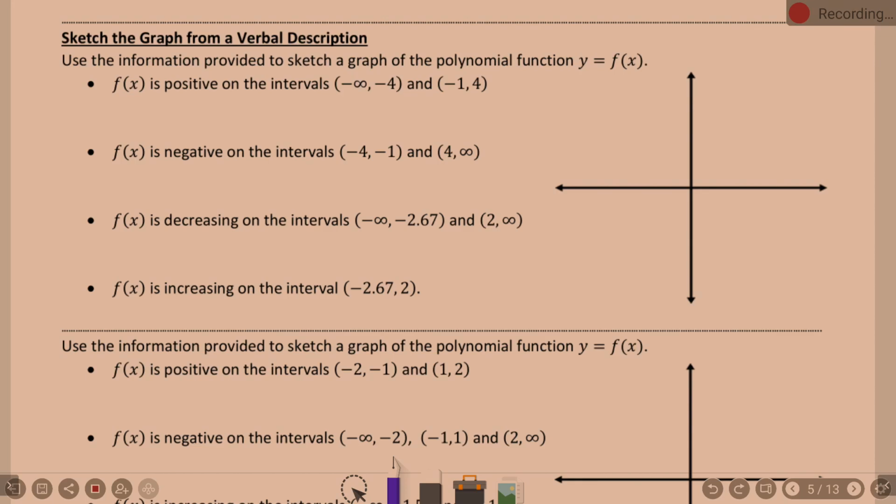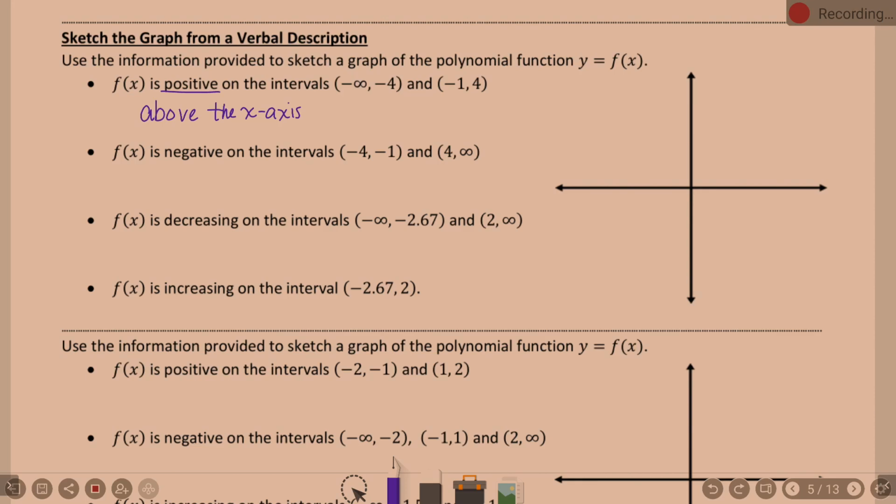f of x is positive on the given intervals. If a graph is positive on the given interval, where does that mean it is in relation to the x-axis? It's going to be up. It's going to be above the x-axis. So realize when you see the idea that a function is positive, that is fancy speak for saying above the x-axis.